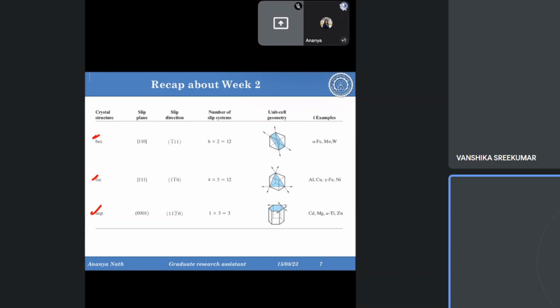That's why FCC is ductile in nature, because if we apply some external force, the lattice material will have some dislocation movements inside it, which will result in percentage elongation in the material, and the material will not be broken.